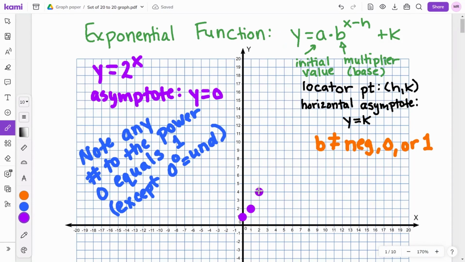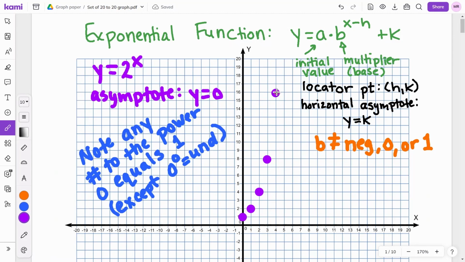So I'm going to go to (2, 4). When I go out 3, 2 to the power 3, because I'm raising 2 to these powers on the x-axis, is 8. When I go 4, 2 to the power 4 is 16, so I'm going to go up to 16, and so forth.